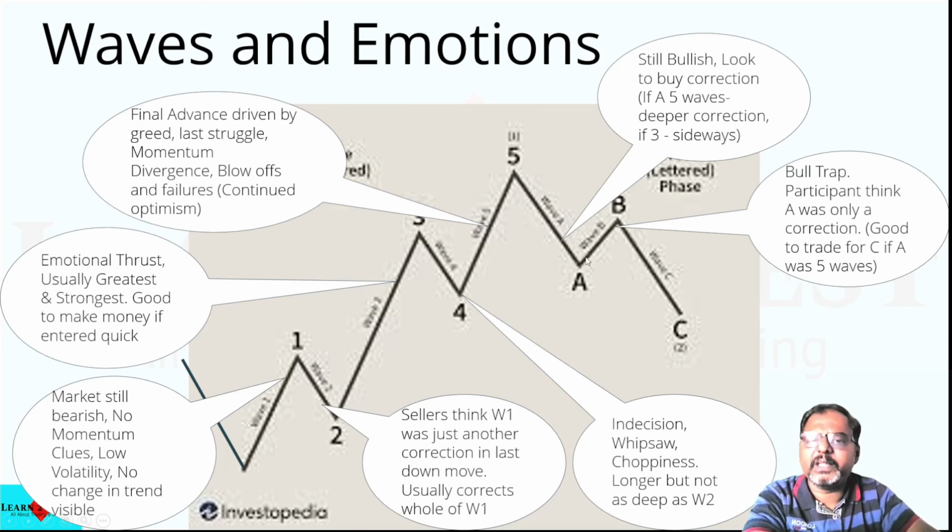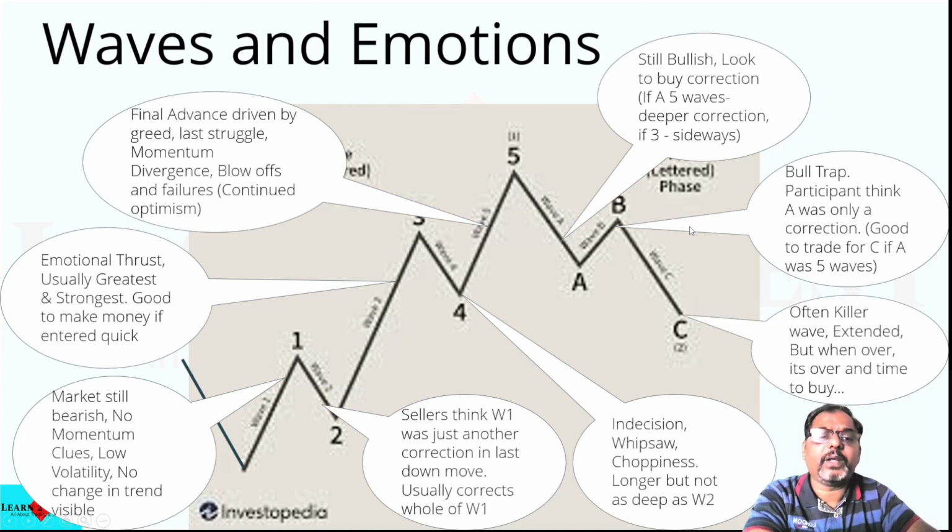So B is also a little bit painful wave, which could be sideways, which could be aggressively up, but then it ends up in wave C, also called the killer wave. A lot of times it is an extended wave, and it's very, very painful. Wave C is usually a very, very aggressive wave, but when it is over, it is over.